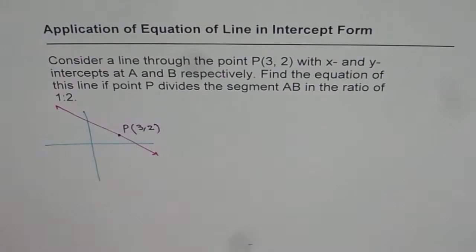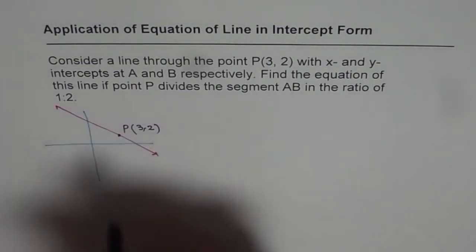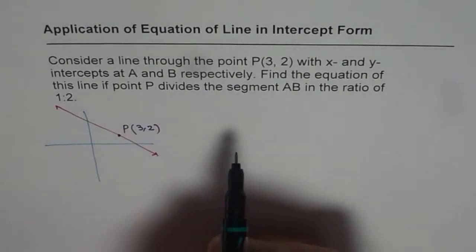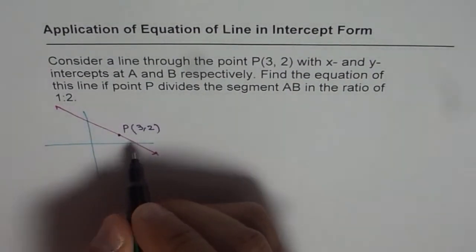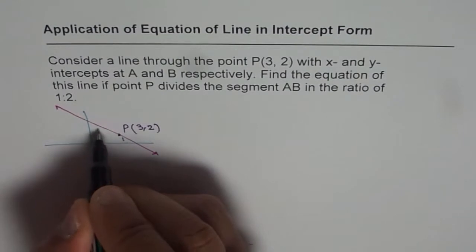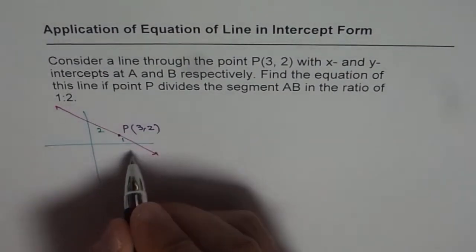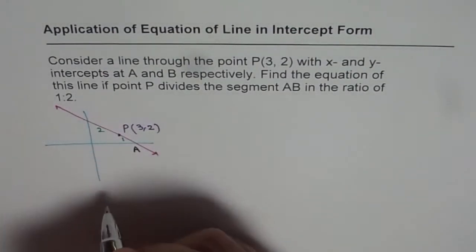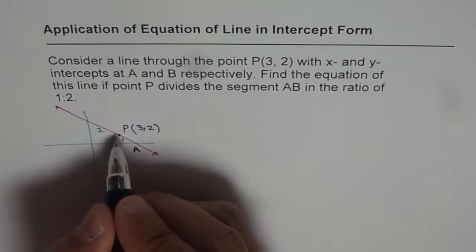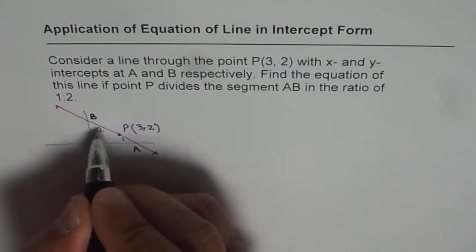Now point P is in such a way that it divides AB in the ratio of 1:2. That means if this distance is 1, then this is 2, right? So if you divide the line in 3 equal parts, then AP is 1 part and PB is 2 parts.